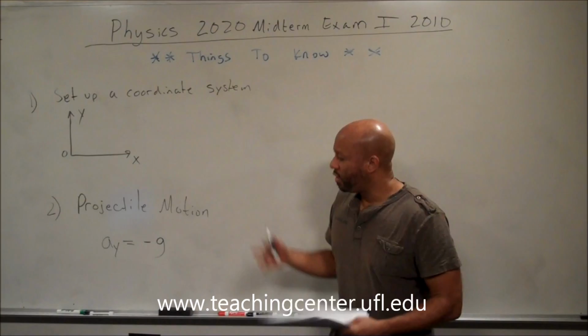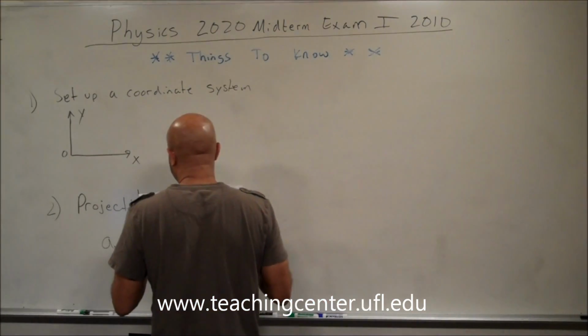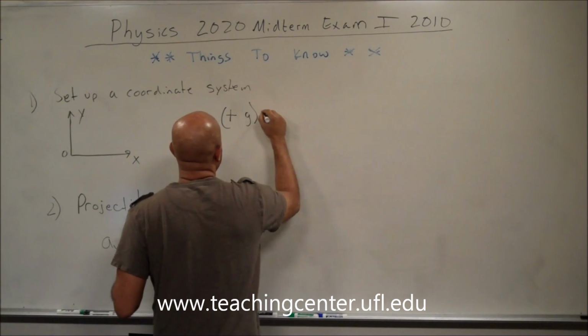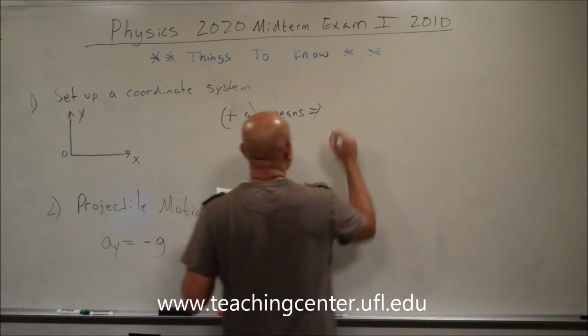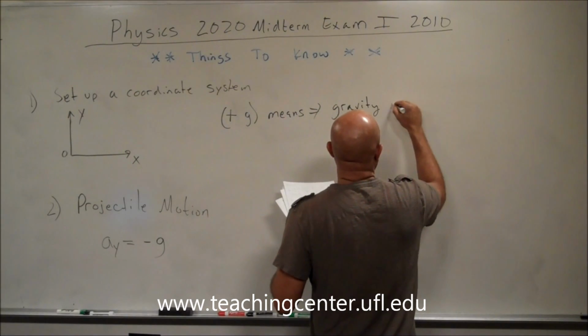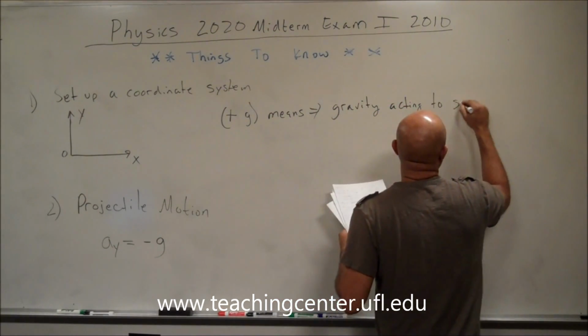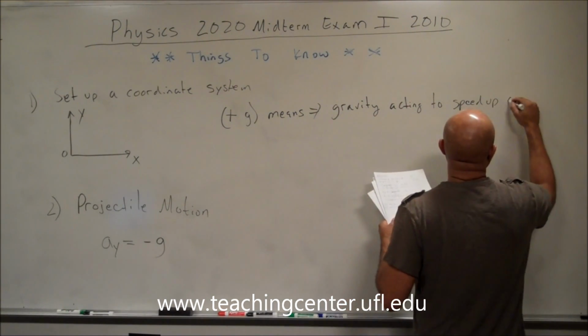All right, so let's summarize what I just said. Positive g means gravity is acting to speed up the object.